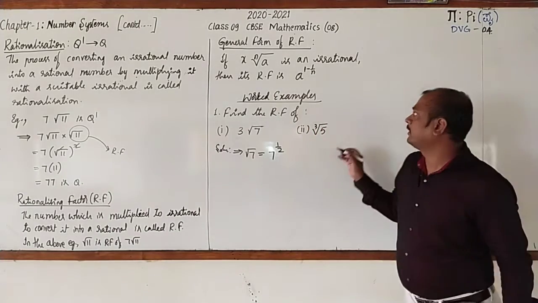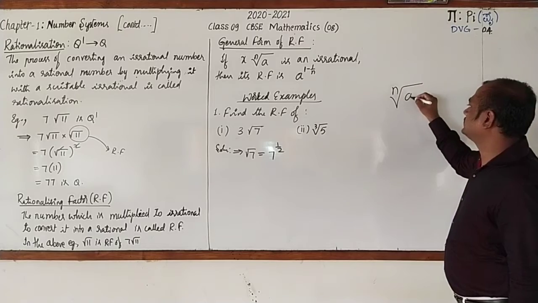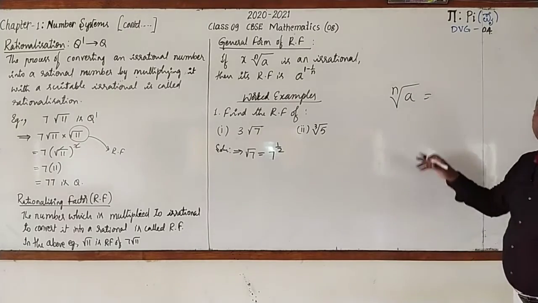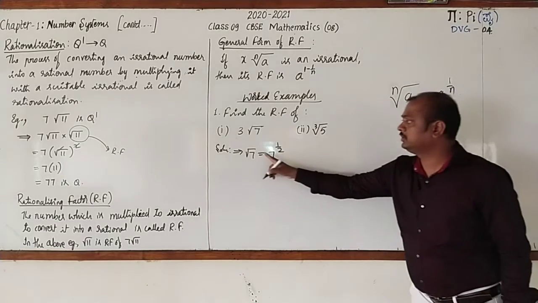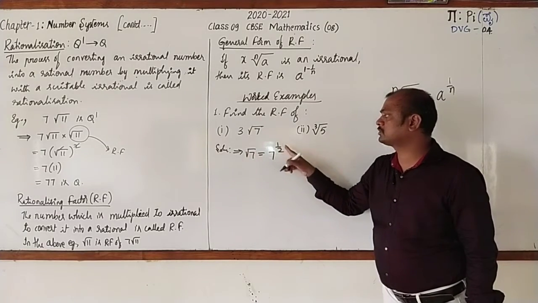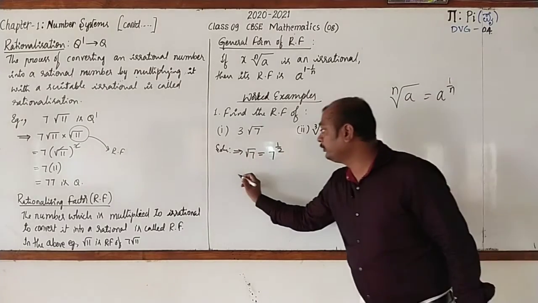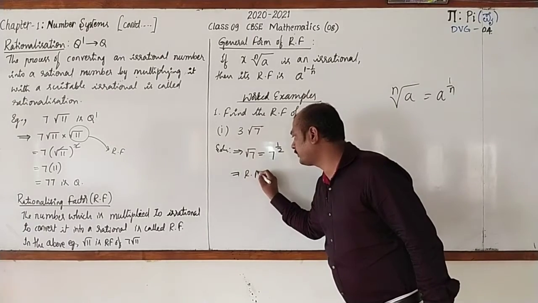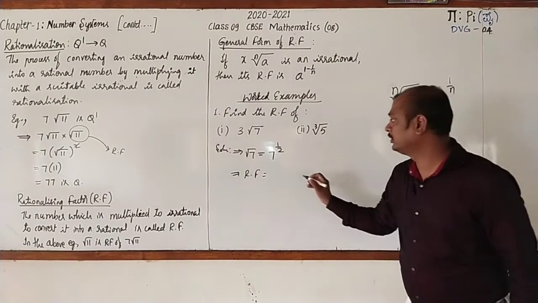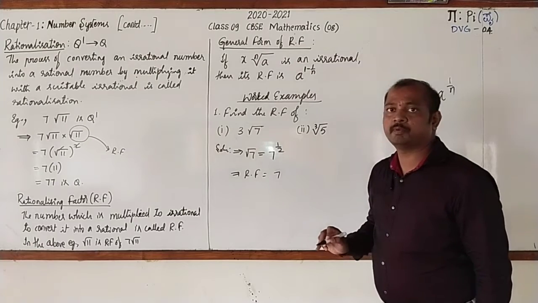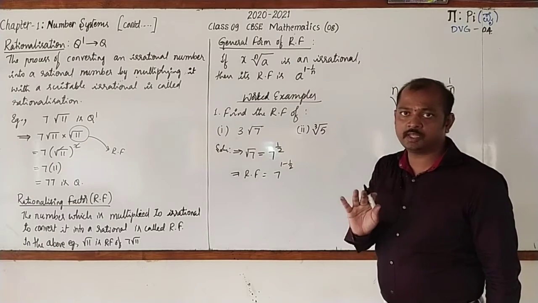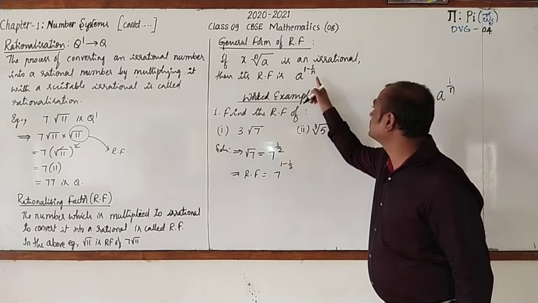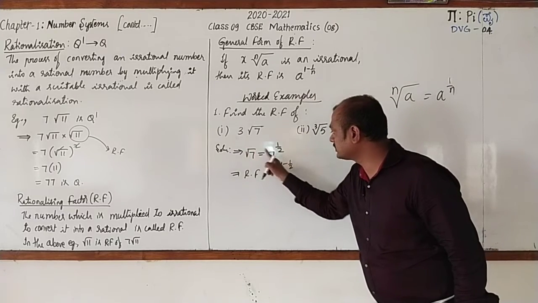If nth root of a is there, it can be written in exponential form as a raised to the power 1 by n. Here 2 is there, hence 7 raised to the power 1 by 2. We want the rationalizing factor. How? 7 raised to the power 1 minus 1 by 2. Clear? 1 minus 1 by n, where n is 2.